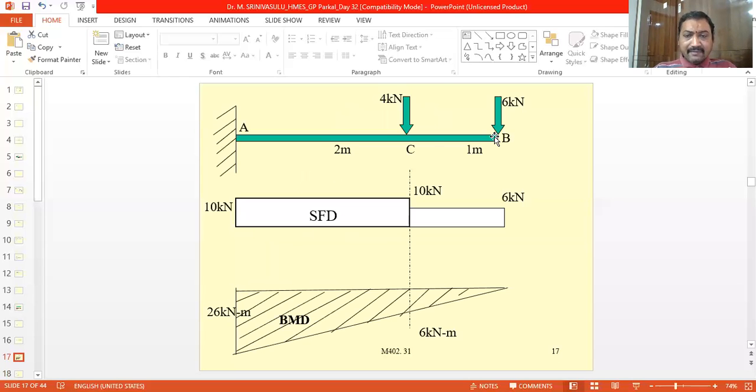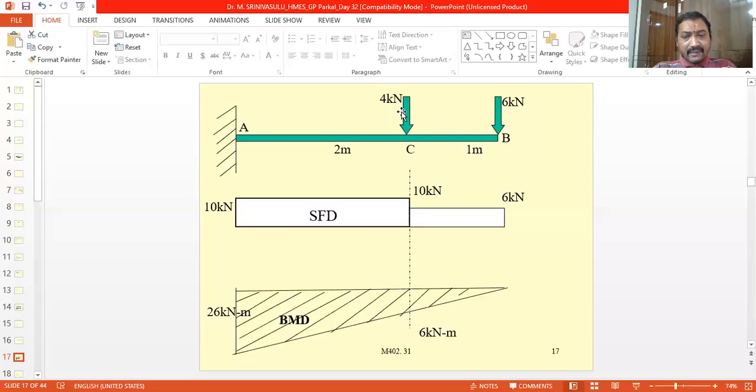Now coming to the point C. To find out the shear force at point C, we draw a section exactly at this point. Now to the right we have two forces. One is the 6 kN and the other is the 4 kN.